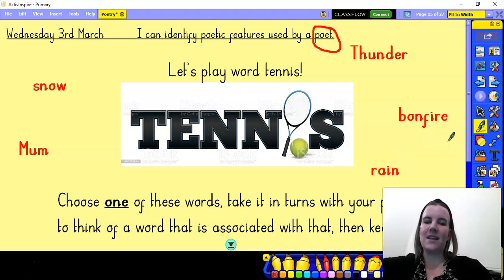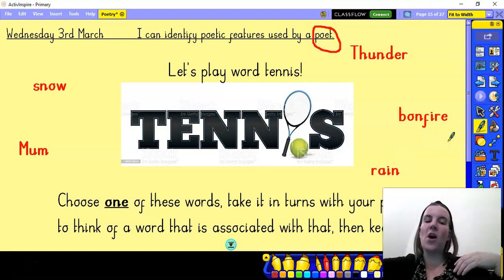So my partner would then need to think of something that is related to the word hot. So they might then say burning. Okay, and then it's batted back to me, so then it's my turn, and I might think of summer, and then batted back to my partner, they might then say ice cream.